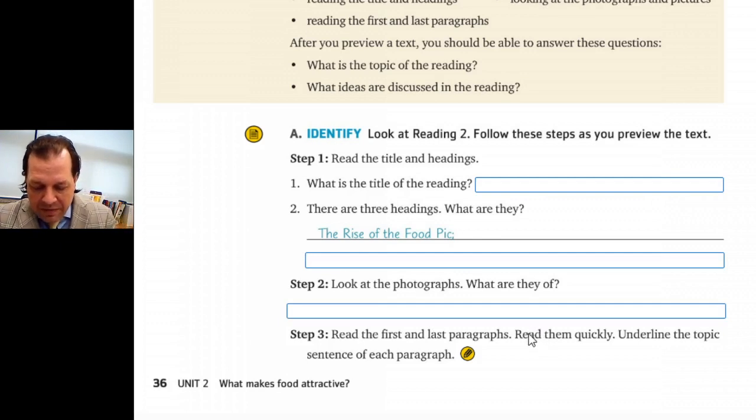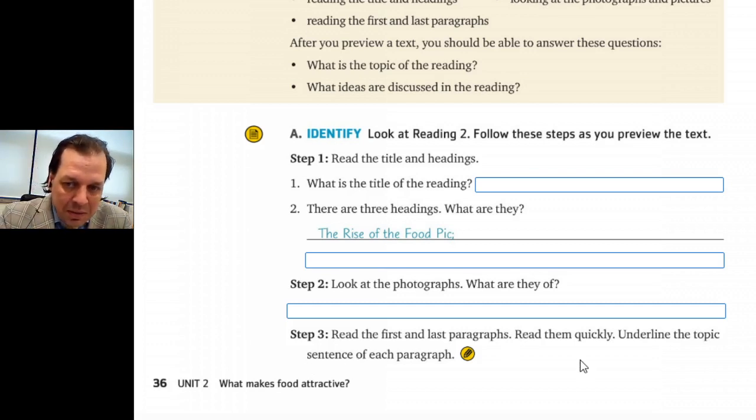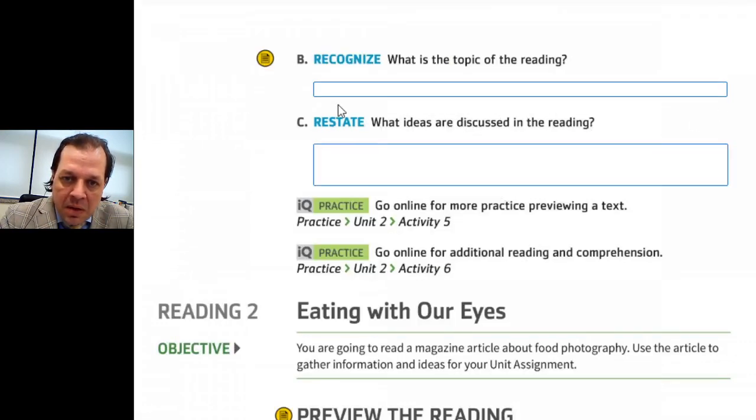What are they of? Okay, what do you see in the photographs? Read the first and last paragraph. Read them quickly. Underline the topic sentence. Okay, the main idea for each paragraph. And then, what is the topic of the reading? What ideas do you think will be discussed?